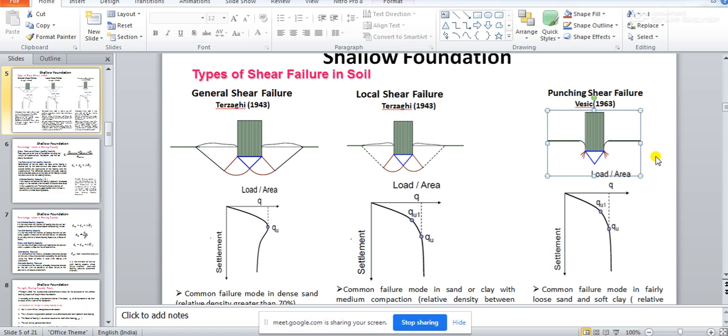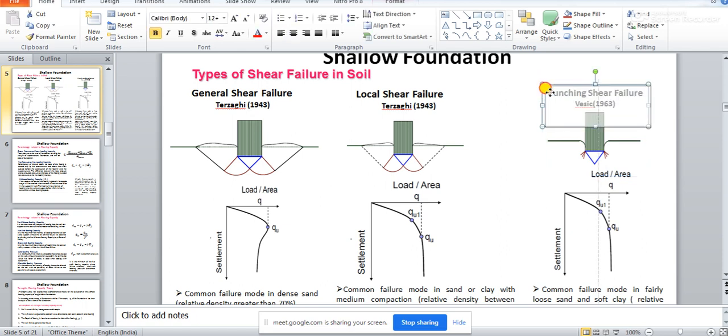There is something else happening to the foundation, and that is basically happening because of punching shear failure.